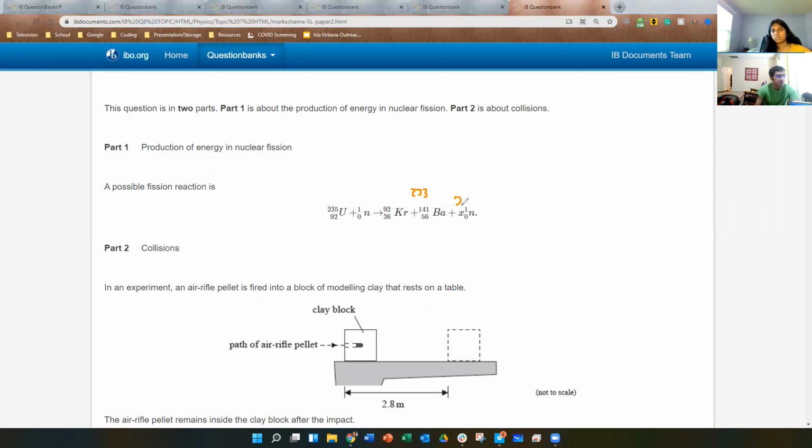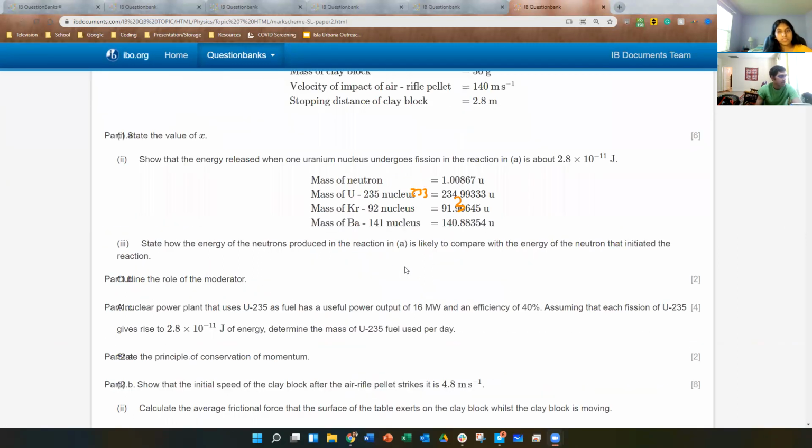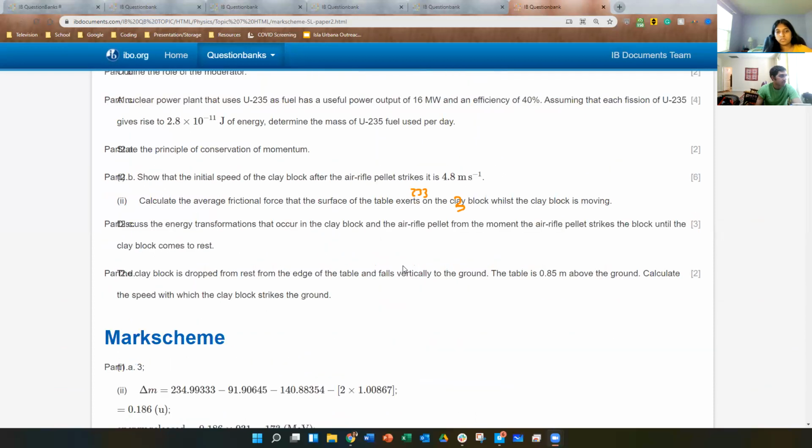So that means we had to have 2 neutrons, right? Well, there's another neutron here. So that's 3 neutrons then. Oh, that's right, because then there's 2 neutrons there. 236, so 233 plus 3. So that means X is equal to 3, which I'm pretty sure is right.